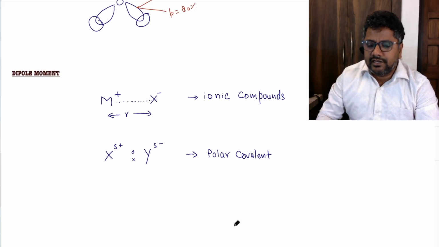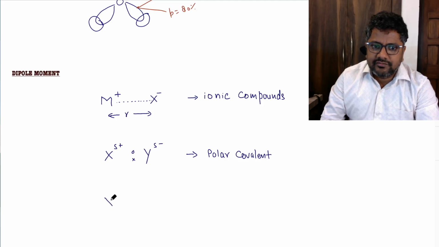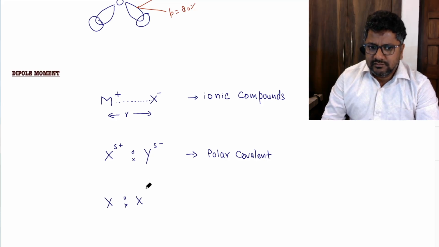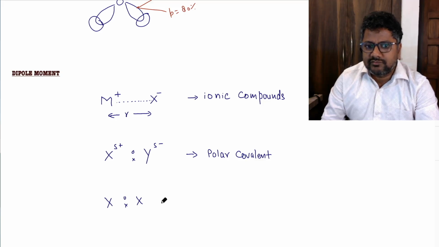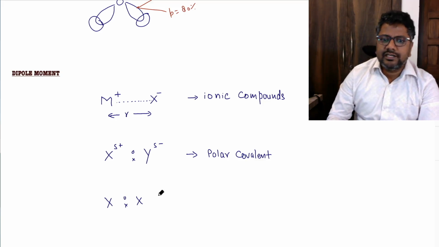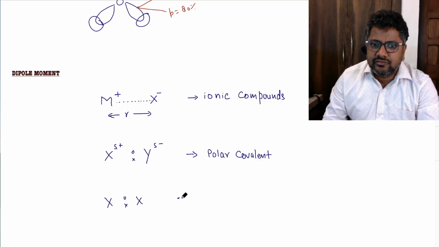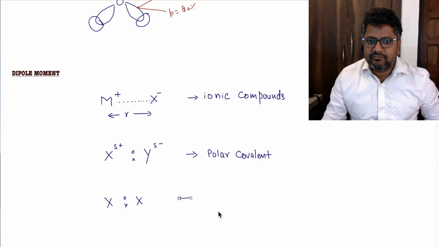And the third category is where we have X and X. There is no net charge because both atoms are the same and have the same electronegativity, so we can say this is non-polar.